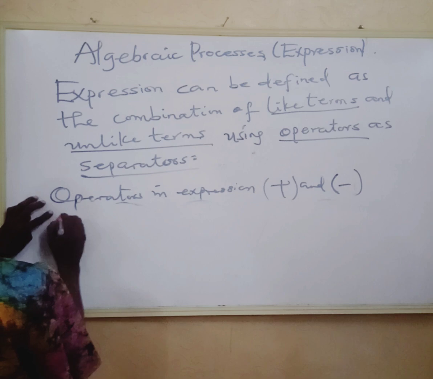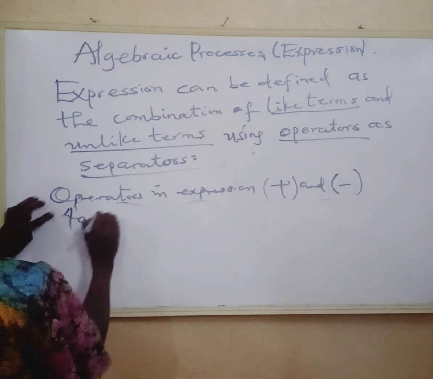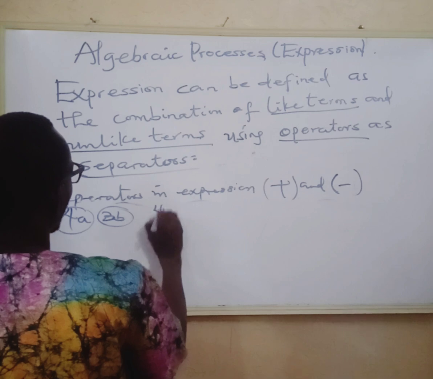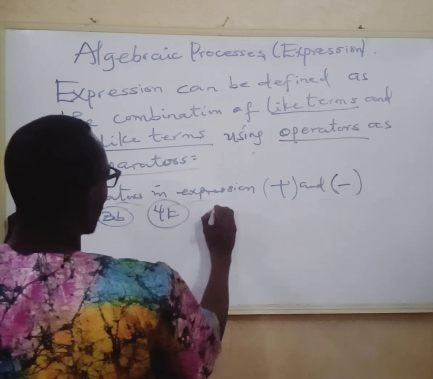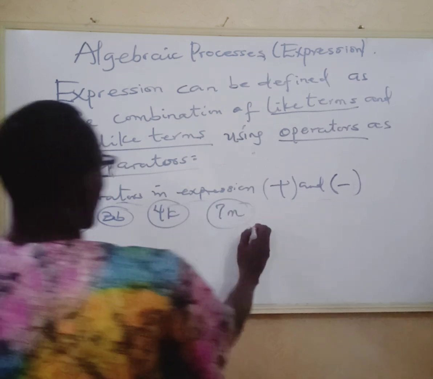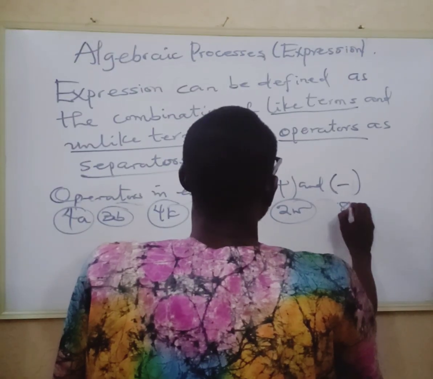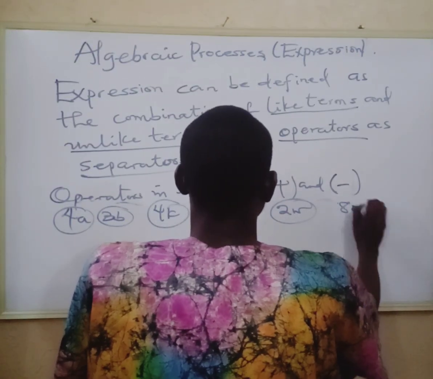When we have 4a, 3b, this is another term, 4k, this is another term, 7m, this is another term, 2w, this is another term, 8c, this is another term.